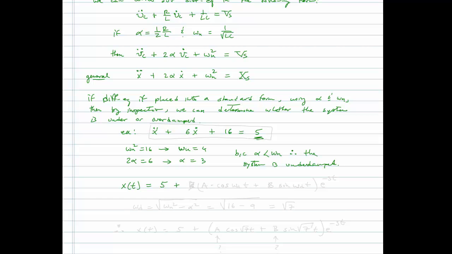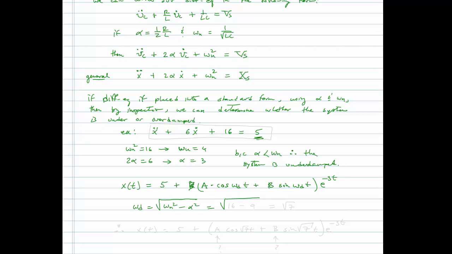Plus, if I put it in the trigonometric form, I'll say some constants A and B. A times cosine omega d t plus B sine omega d t, the damped frequency. The whole thing is going to be e to the minus alpha t, which I already know, alpha is 3. The only thing I'm missing is omega d. Omega d is the square root of omega n squared minus alpha squared.